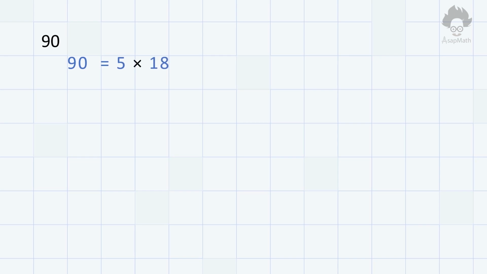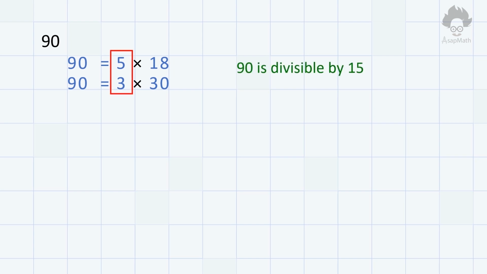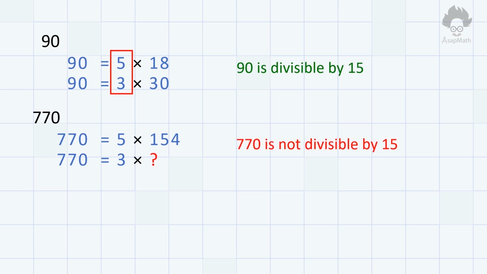It is divisible by 5 and it is divisible by 3. And 90 is divisible by 15. It is not divisible by 3. So 770 is not divisible by 15.